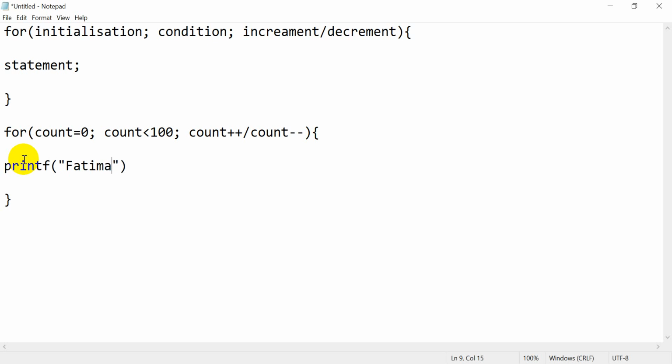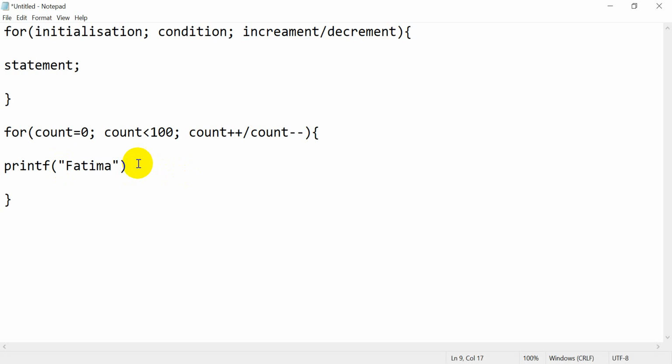So do you understand? So that's how it is. Count from 0 to the end, it will print Fatima up to 100 times, up to 99. You understand? Or you can just input a number or anything you can put there. So that's how it is.